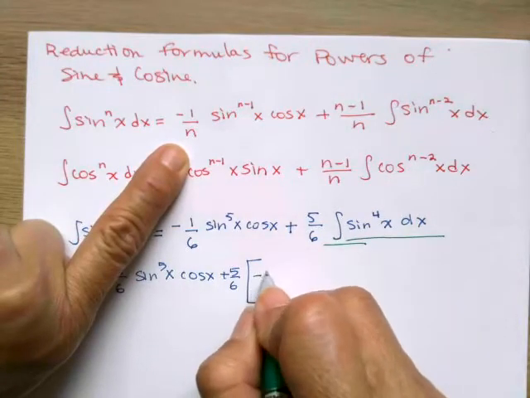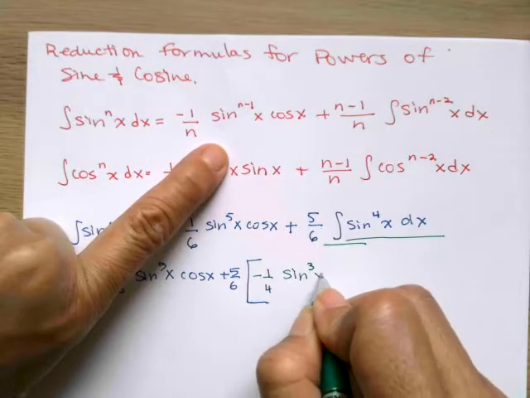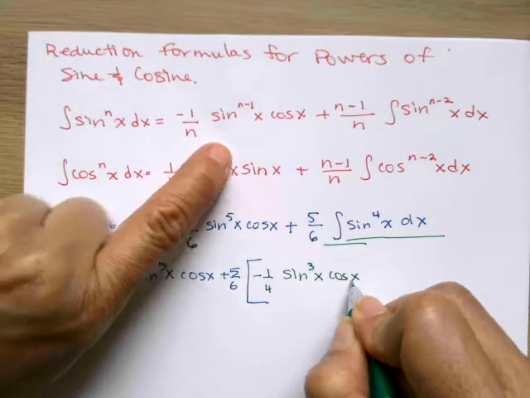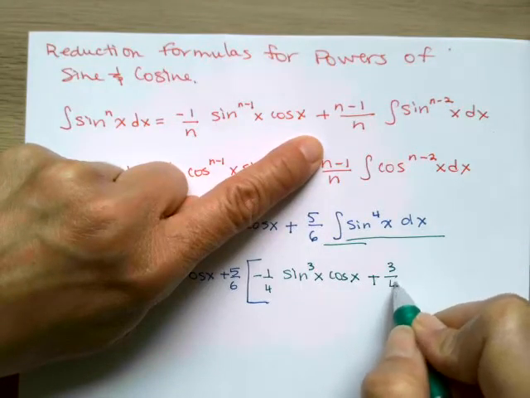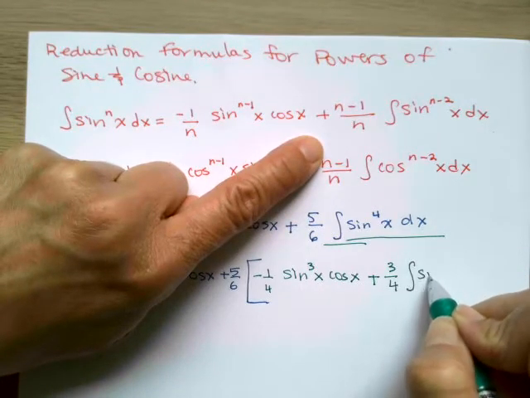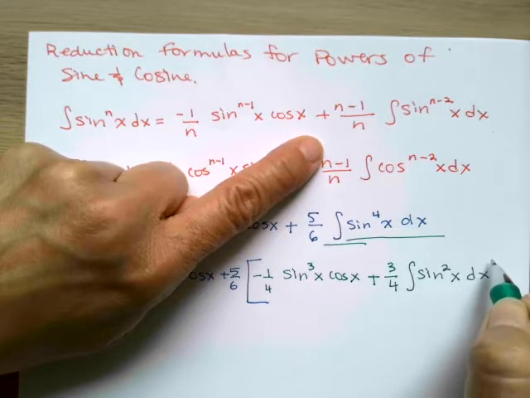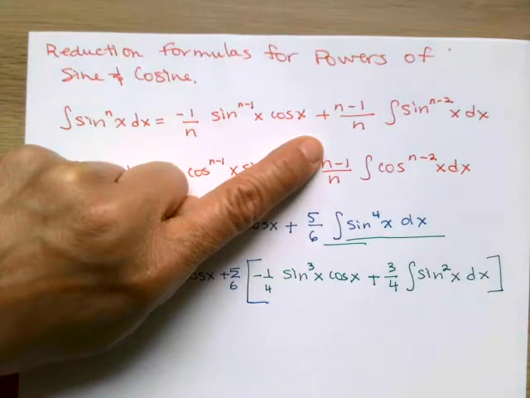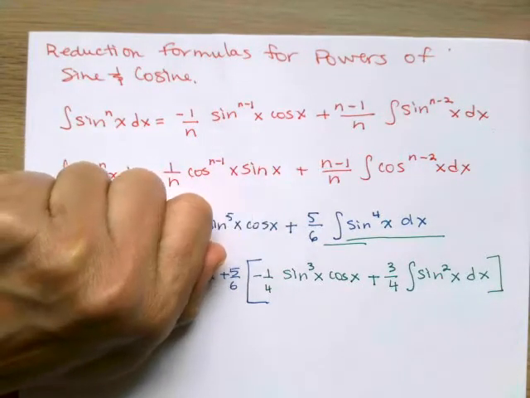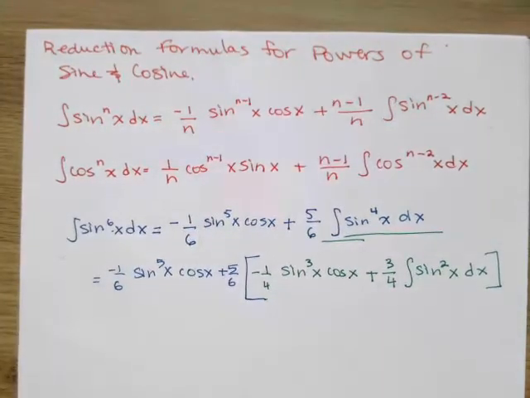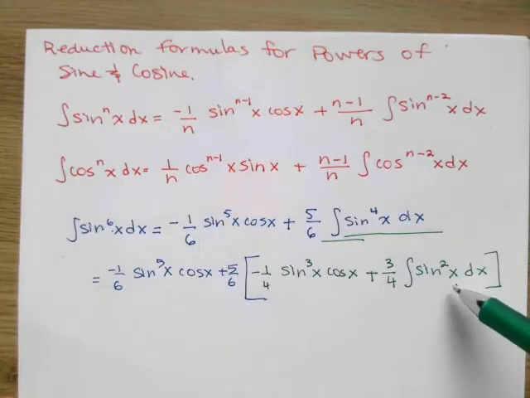So I'm going to have negative 1/4 sine cubed x cosine x plus n minus 1, so 3/4 integral sine squared x dx. Okay, it's better. I don't know the antiderivative of sine squared, but I don't need to go back to my formula anymore because I do have a strategy for this one.